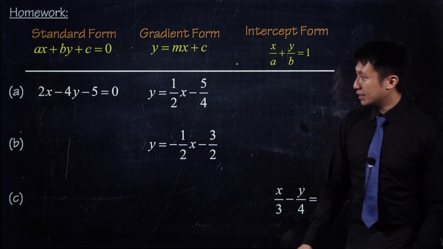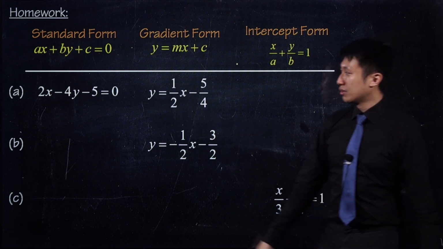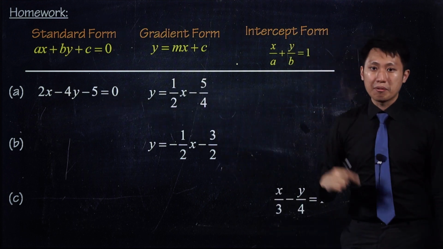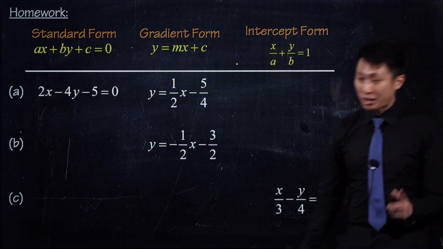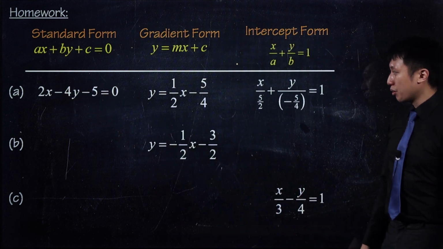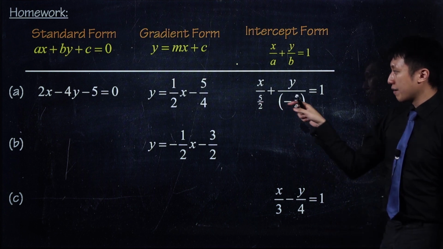This one, the answer is this. What you're going to do is essentially move the x terms and the constant term to one side and divide by the coefficient of the y. Here, simple also, it's 5/2 and then 5/4.